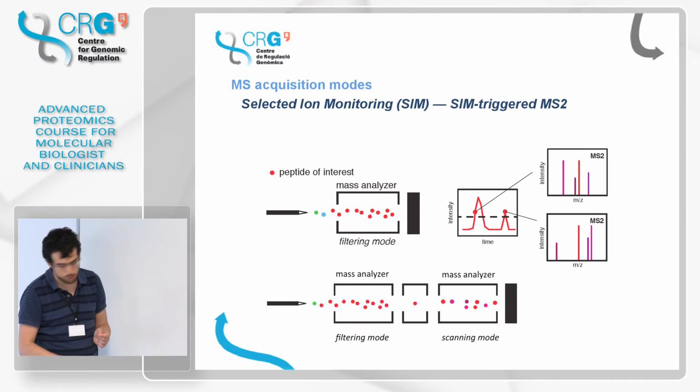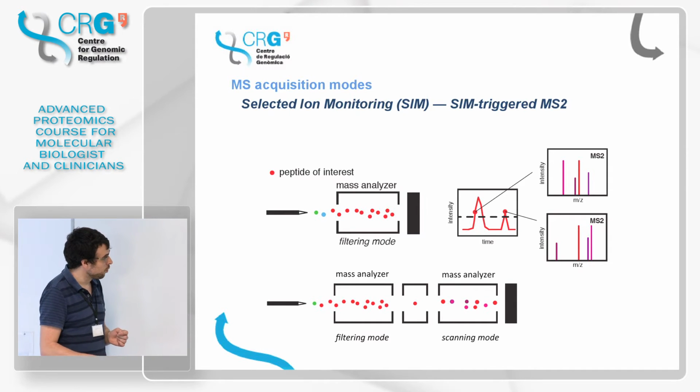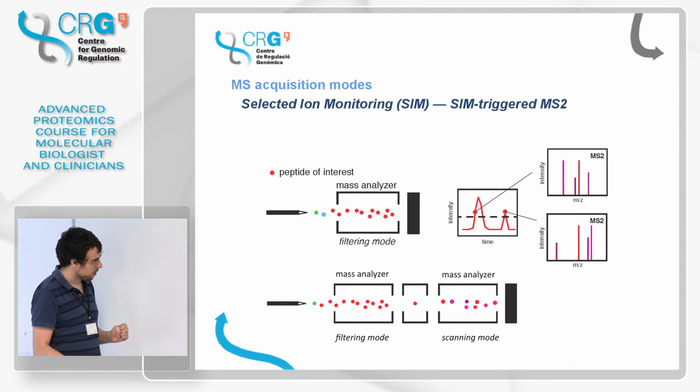So what we would like to do is, for example, MS2s. We can monitor this, set a threshold, and say, whenever this signal is over the threshold, then very fast, let's operate the mass spec in another way. We still filter in the MS1, but then instead of sending these molecules to the detector, we send them to the collision cell and fragment them.